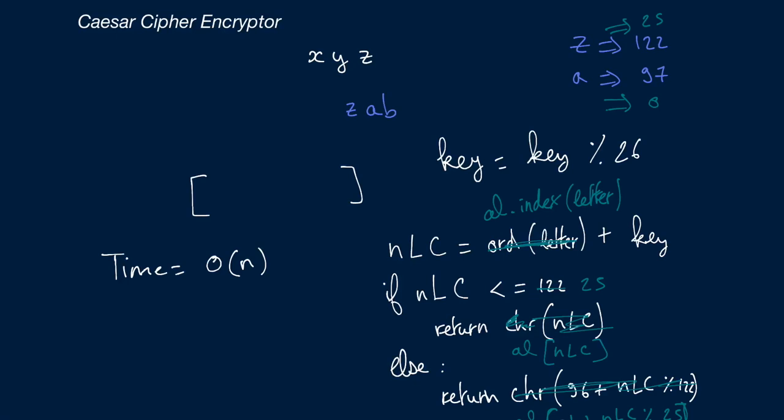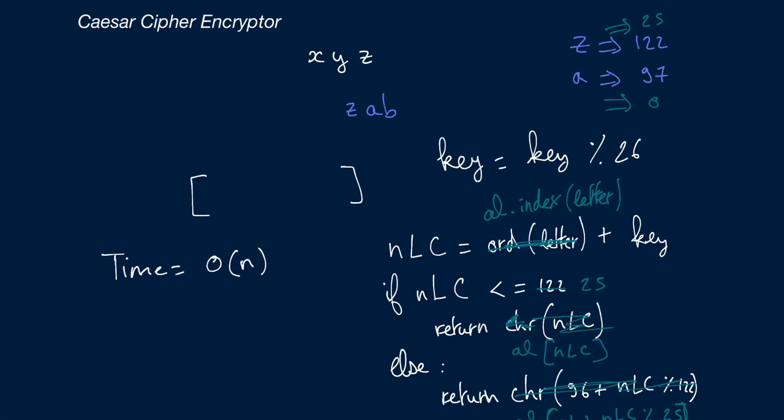Now, it is worth pointing out that if you were doing the approach that uses this alphabet array, you'd be calling this dot index function to find the index at which this letter is located in your alphabet. And with an alphabet of only 26 letters, like we're dealing with in this example, that just becomes a constant time operation, right?